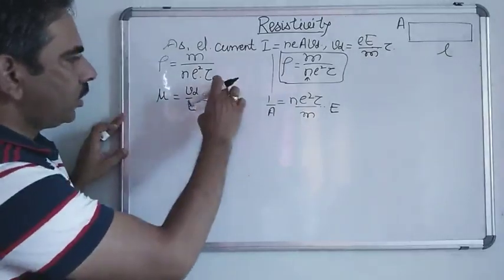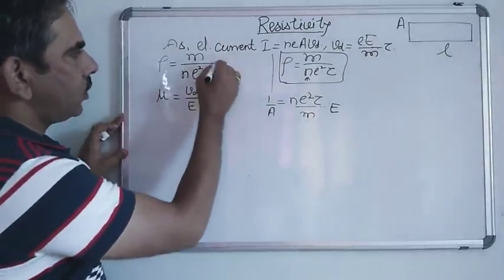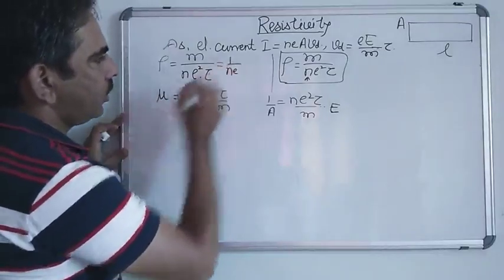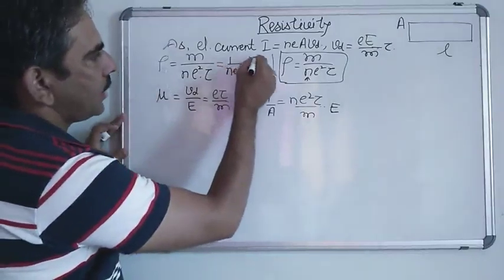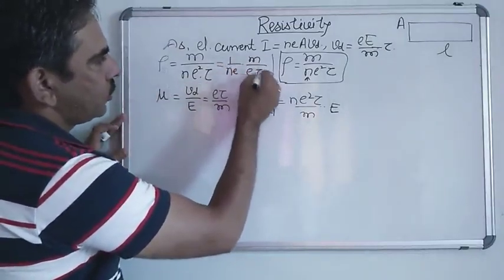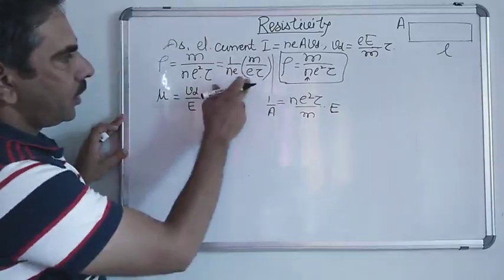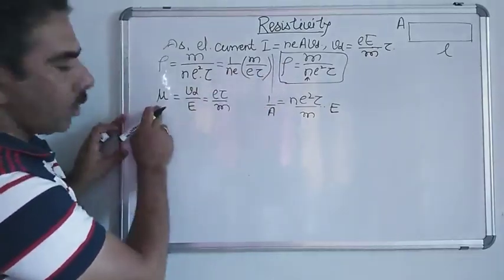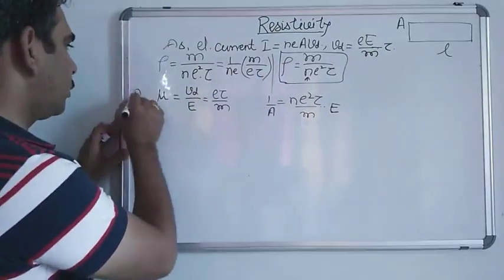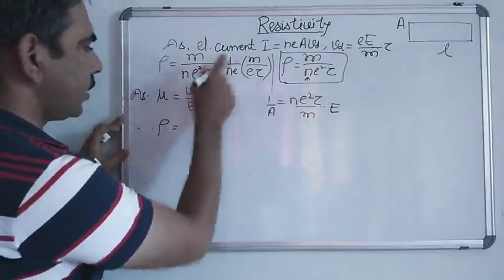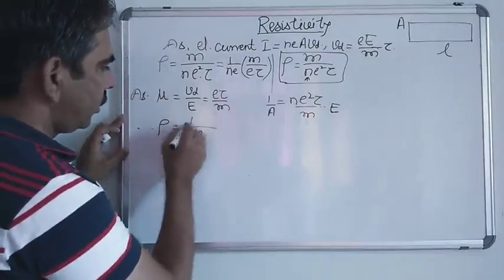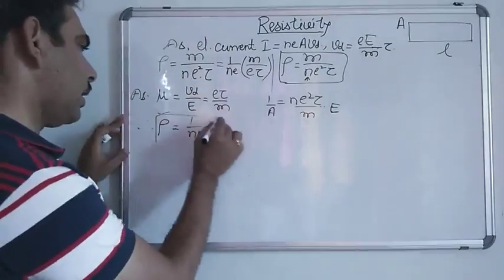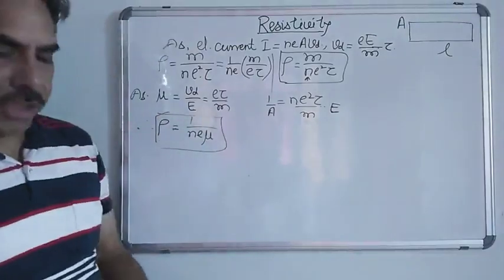So if we substitute e tau upon m as mu in this equation, we see that it is 1 upon n e, and the other term we can write as m upon e tau, which is nothing but 1 upon mu. Therefore resistivity is nothing but 1 upon n e into 1 upon mu, so we write mu in the denominator. So here is another expression for the electrical resistivity of any substance.